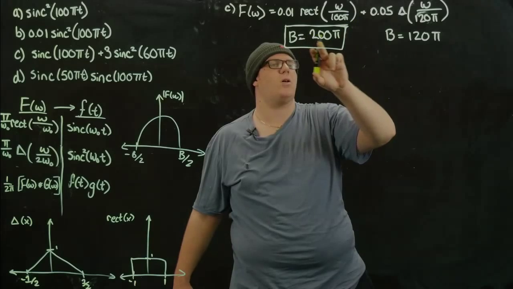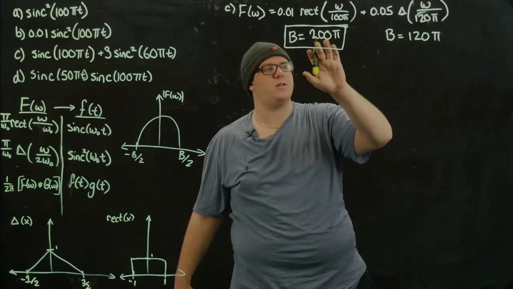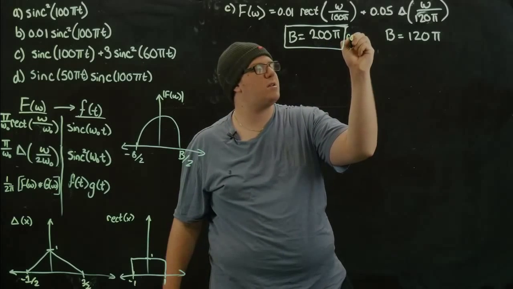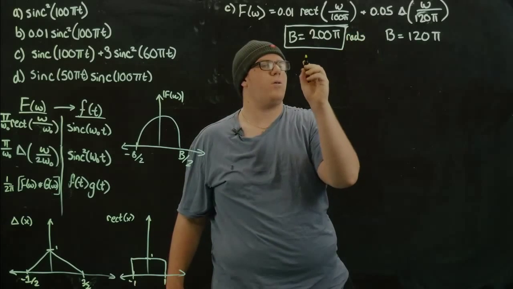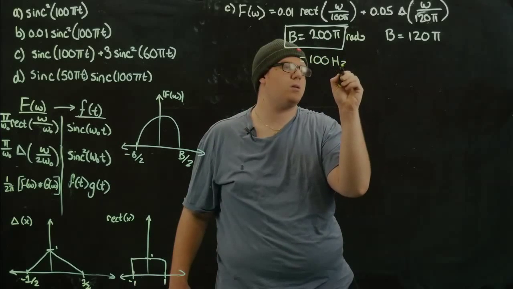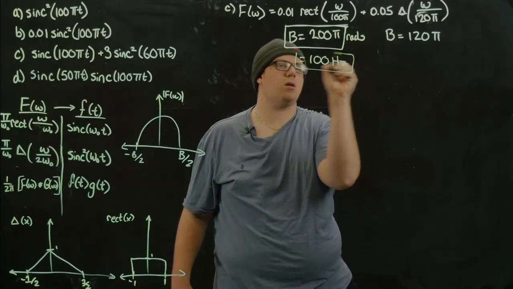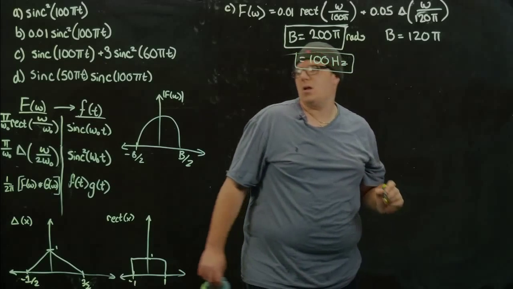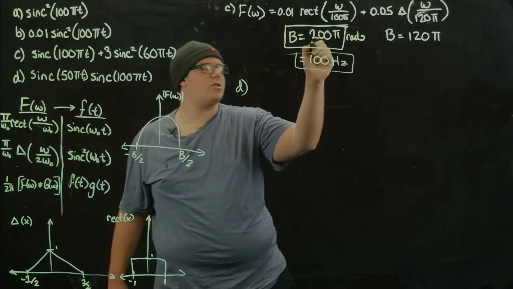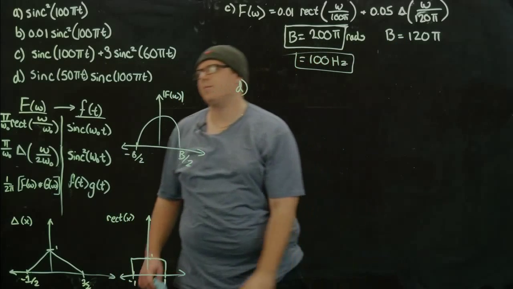So you need to capture all of the functions, so you need to have it be higher than 200 pi. This is radians, or if you want to put this into hertz, it's 100 hertz. So if you have a linear combination, you take the larger number to be the total bandwidth.